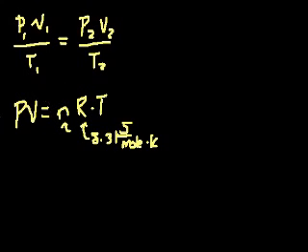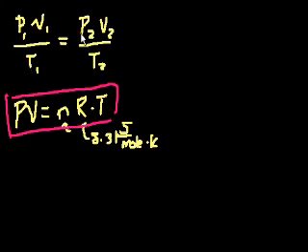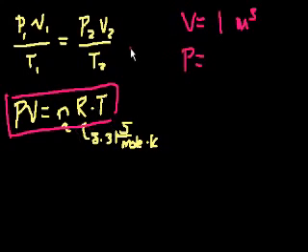So let's see if we can do a problem that I can make up on the fly of this situation. Let's say I have a balloon. And the volume of the balloon is, let's say, 1 meter cubed. So this is a big balloon. That's fairly large if you imagine a cubic meter. Let's say there's not a lot of pressure in it, so the pressure is equal to 5 pascals.